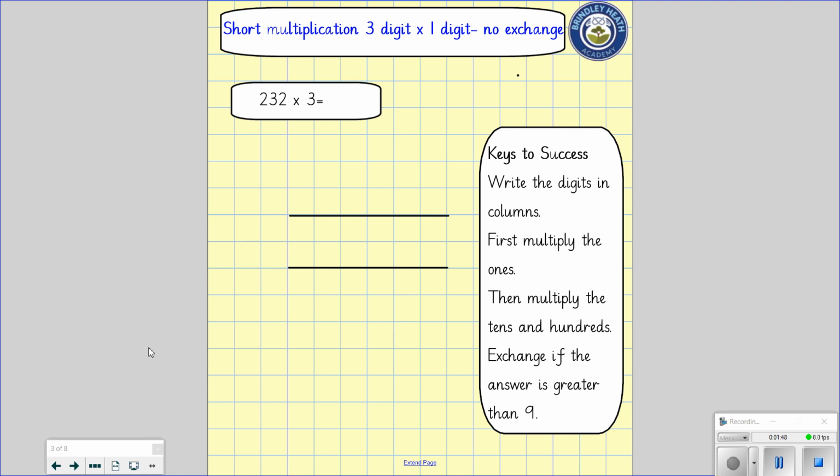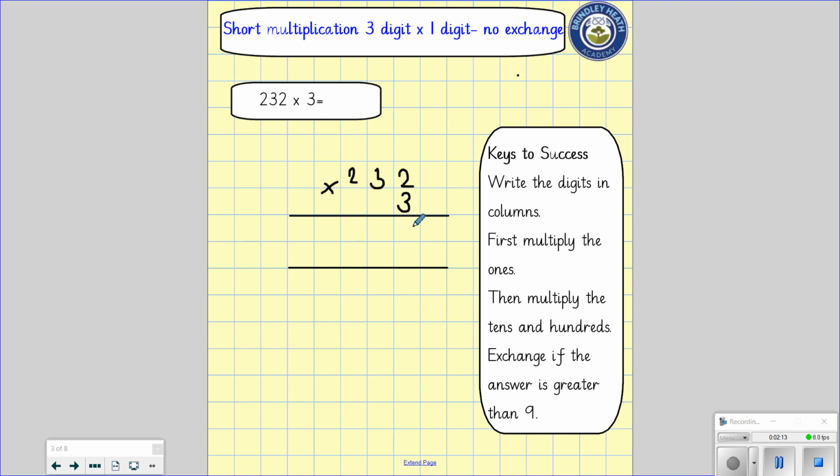When we have mastered 2-digit multiplied by 1-digit multiplication, we can then move on to 3 digits. So this calculation here is 232, and I am multiplying each of those digits by 3. So I've lined up my digits, and first of all I'm going to multiply the ones.